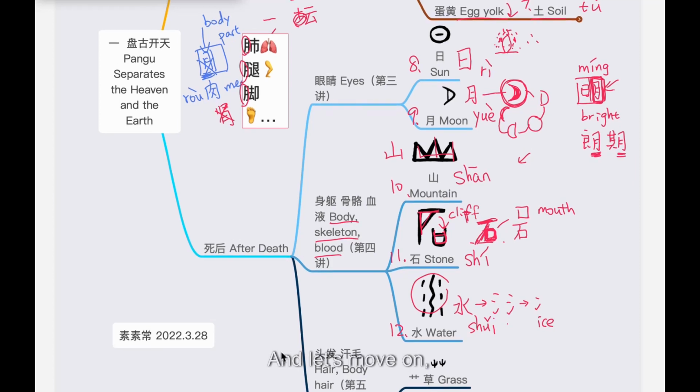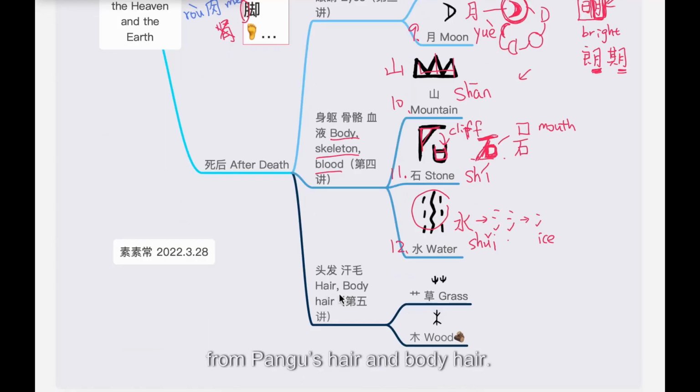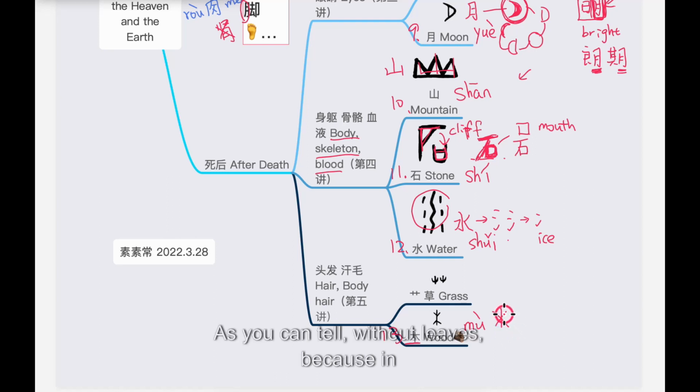And let's move on. From Pangu's hair and body hair. The first one, from Pangu's hair, we got a character called 木, fourth tone. And we draw it like this. As you can tell, without leaves.